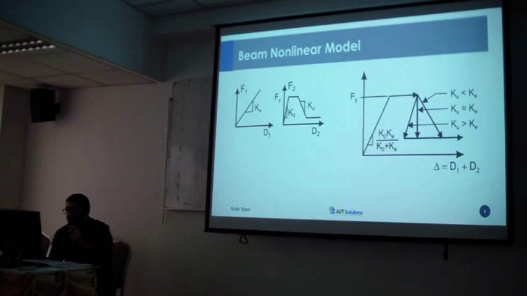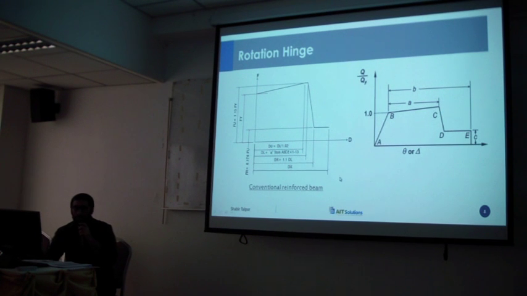So if you see the curve that is shown over here, there are some guidelines shown in this presentation as to how to come up with the numbers for you to calculate a hinge, right? So if you can see, we will calculate a yield moment, and then we have an ultimate moment that is 1.13 times higher than the yield moment.